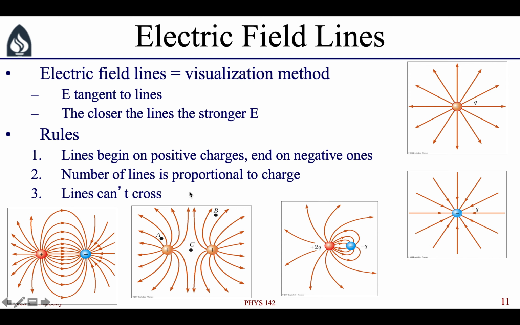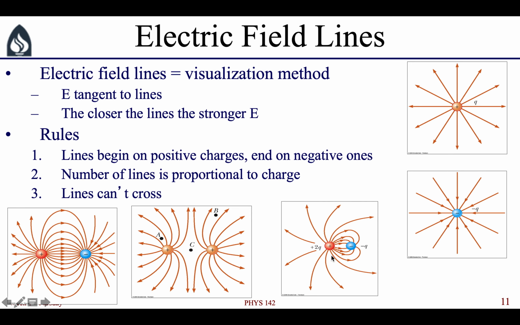The number of lines is proportional to the charge. So in this diagram, I can tell that these charges have the same amount of charge because they have the same number of lines touching them. Likewise, these two charges have the same amount because if I count the lines, I see that they have the same number of lines touching them.